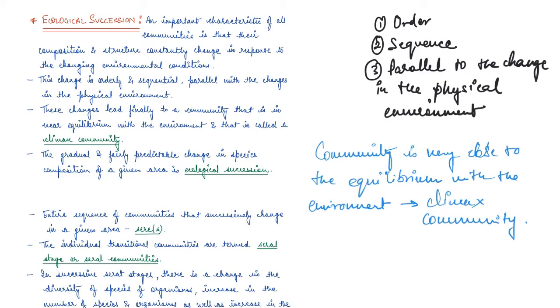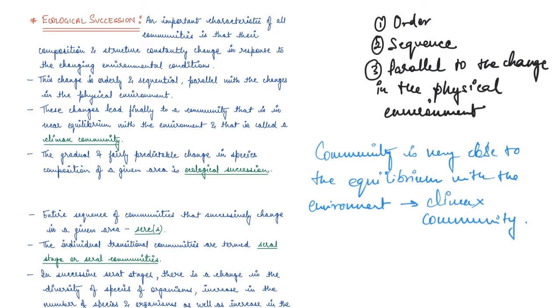Right? So the gradual and fairly predictable change in the species composition is happening in the community. And this gradual and fairly predictable change which is happening in the species composition of a given area is known as ecological succession, right?